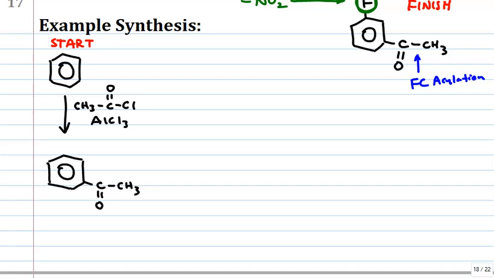So if we do nitration, we're going to put a nitro group meta to the acyl group. And that's what we want because we're going to do a straight up replacement of the nitro with a fluorine atom. So let's do this. We're going to just do our nitration next, the standard nitration conditions.